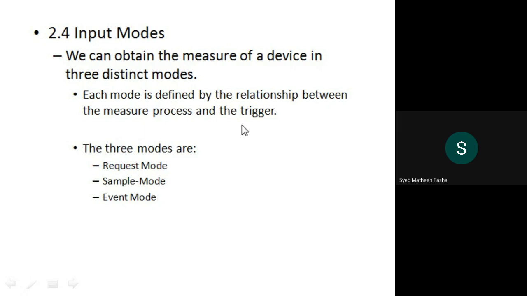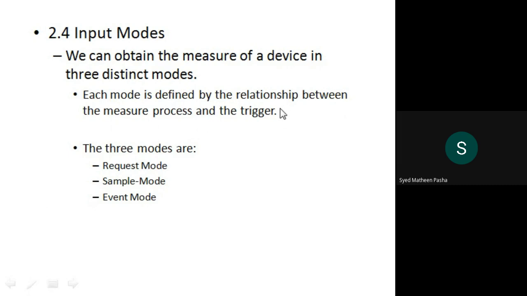So what does this tell? Whatever the mode, I have defined three types of modes in this slide, right? These three types of modes are distinguished by the relationship between the measure process and the trigger process. As we saw, measure is used to see what is being written, and trigger is used to see when it is being written. So I can define each mode as the relationship between these two.